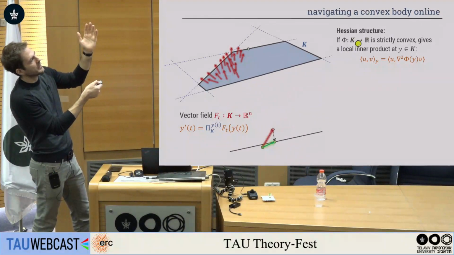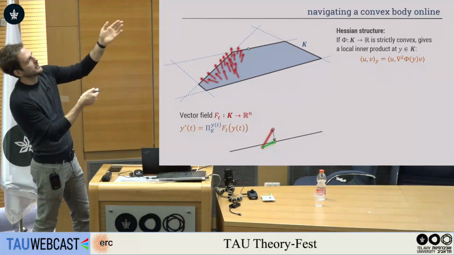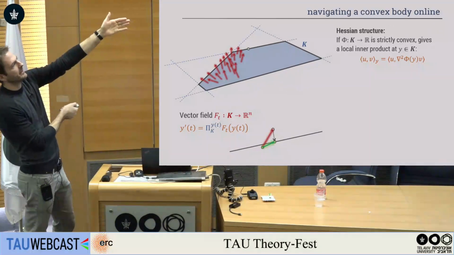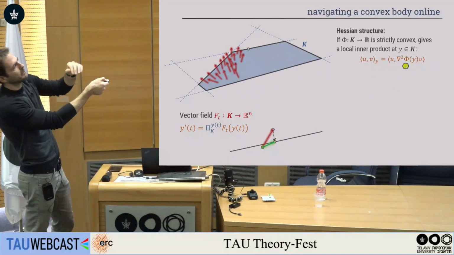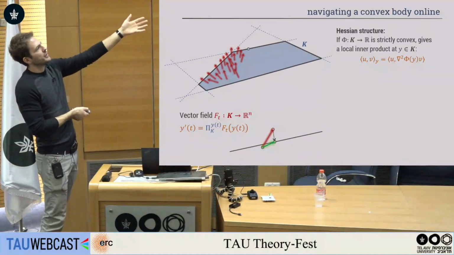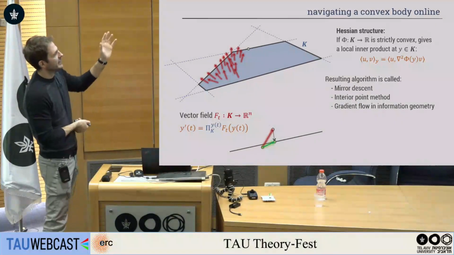If you have a strictly convex function phi, this gives you some inner products. A function is strictly convex if and only if the Hessian is positive definite. That gives you a positive definite form at every point of the space, so that gives you an inner product. Once you have an inner product, it tells you how you can project. So that gives you some variant of this algorithm.